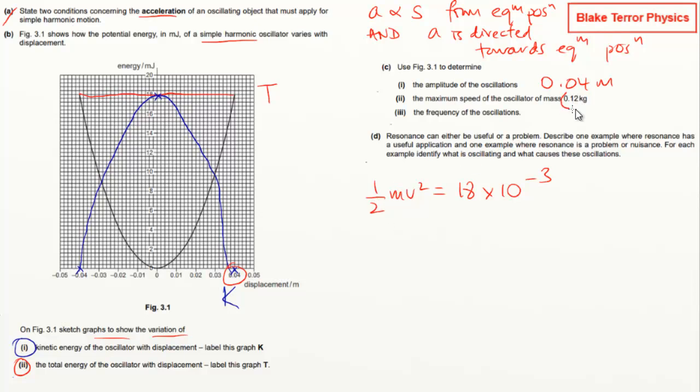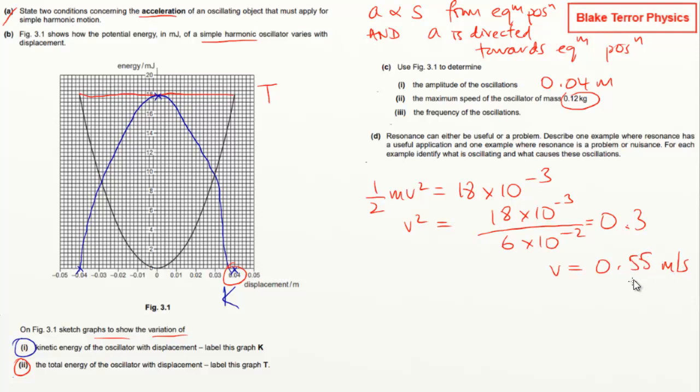They've given us the mass here of 0.12. So v squared is going to be 18 times 10 to the minus 3 divided by 6 times 10 to the minus 2. So that is 0.3. So we just need to square root that. And then we've got v is 0.5477, so 0.55 meters per second to two significant figures.